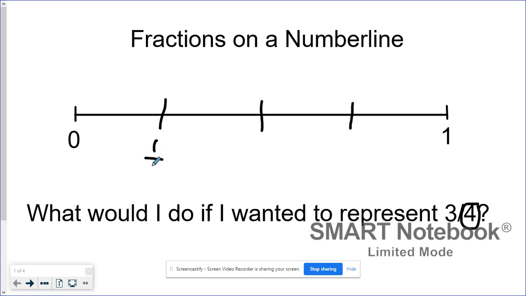And I can label my number line 1/4, 2/4 or 1/2, 3/4. And then when it's one whole, you'll see that the numerator and the denominator are the same. So 4/4.